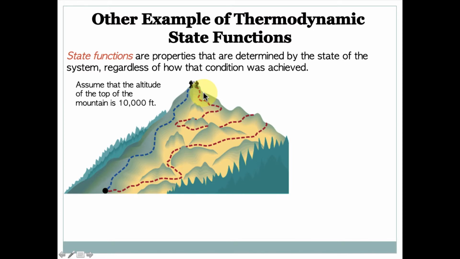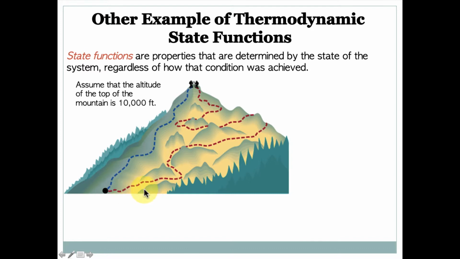Now, if you look at this example right here, you can take a look at two different things. One is just the altitude, which is basically the difference in height that the hiker would have when he's at the top of the mountain versus when he's at the bottom of the mountain.